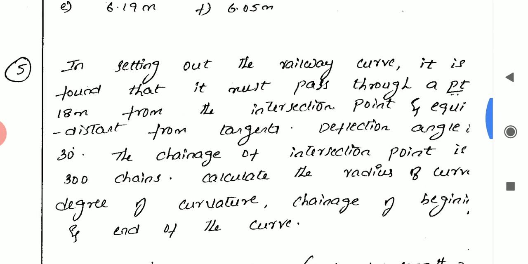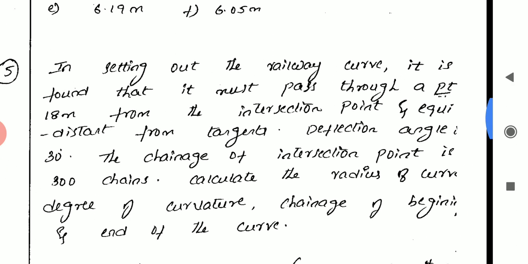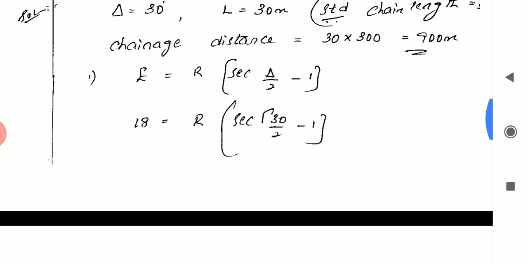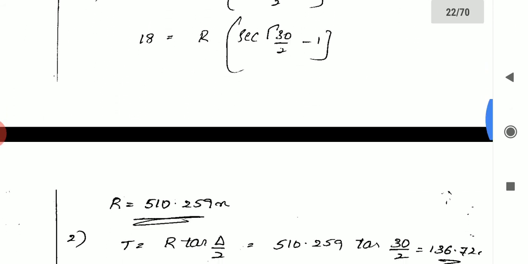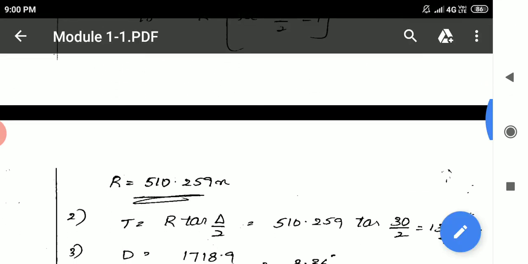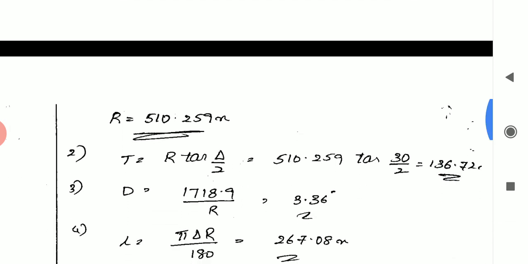Already in the question he mentioned 18 meter, that is the apex distance. So by using the apex distance we have to find out the R value. By using the apex distance we will get the R value.